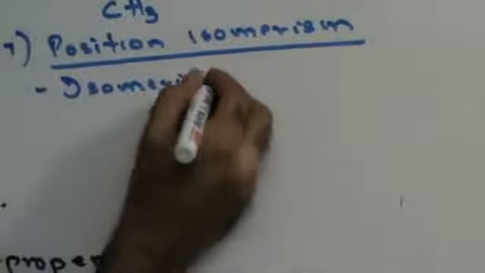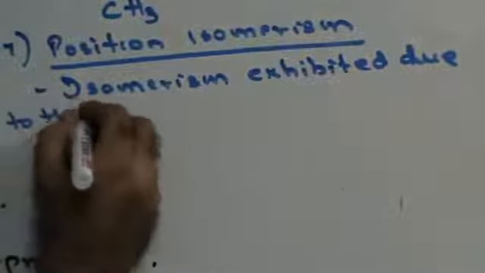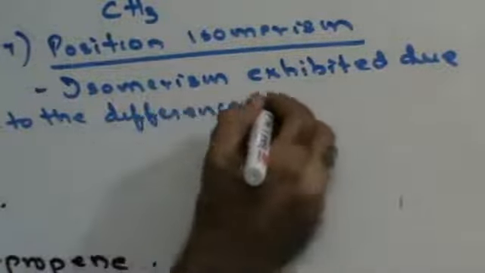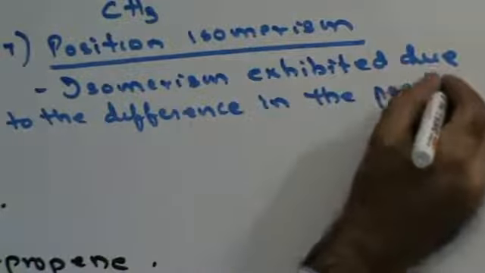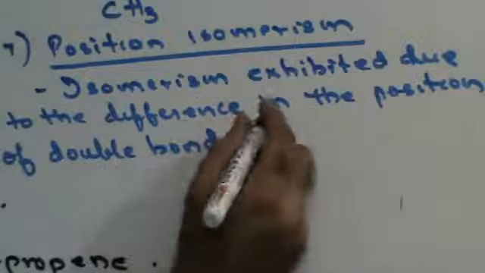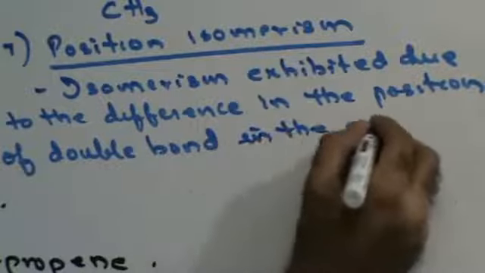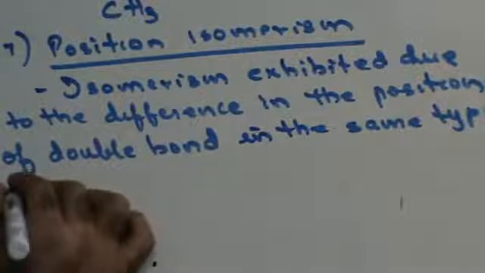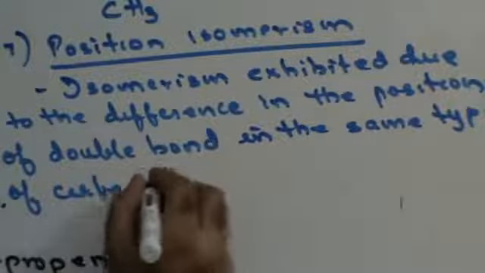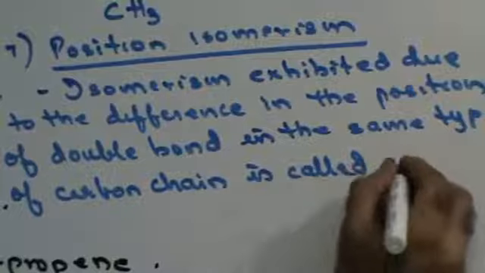Isomerism exhibited due to the difference in the position of the double bond in the same type of carbon chain is called position isomerism.